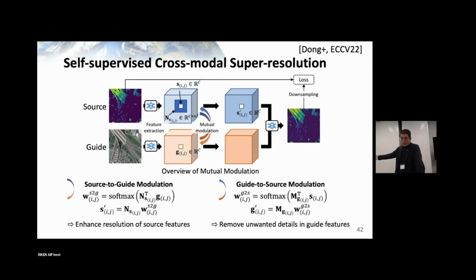So there is source-to-guide and guide-to-source modulation, and each of them has a different role. The first one has the role to enhance the spatial resolution of the source image, which has lower resolution. And the latter one has the role to remove unwanted spatial details in the features extracted from the guide image.